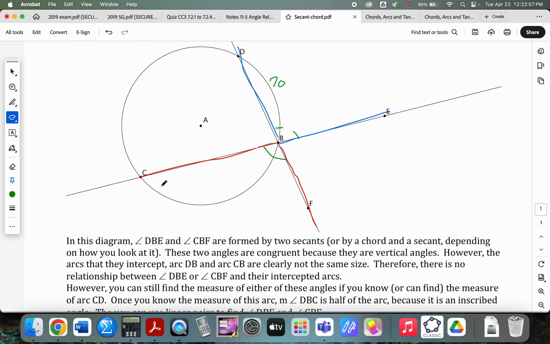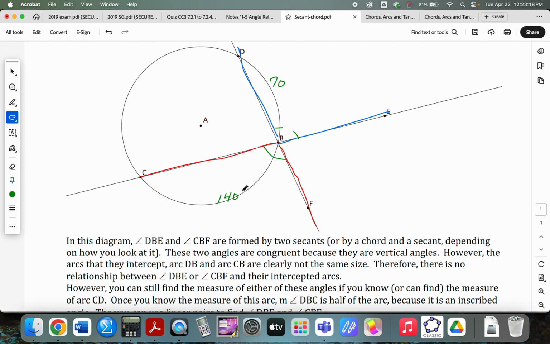And over here, this is less than a semicircle, but it's definitely more than 90, right? So let's say that it's, I don't know, I'm going to say it's 140. And you don't need to write all this down, just follow along.